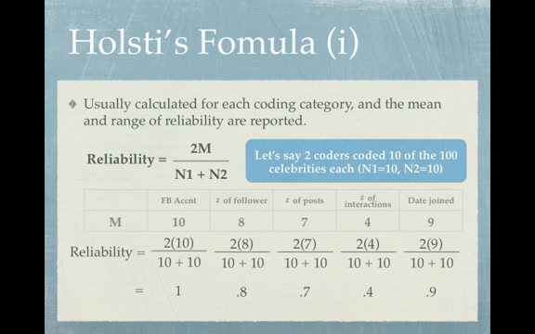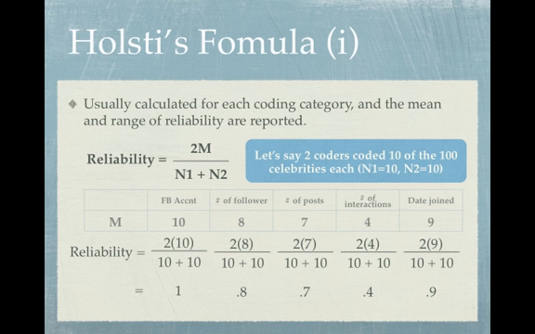M is the number of cases that the coders have agreed on, and N1 is the number of cases that the first coder coded, and N2 the number of cases that the second coder coded.